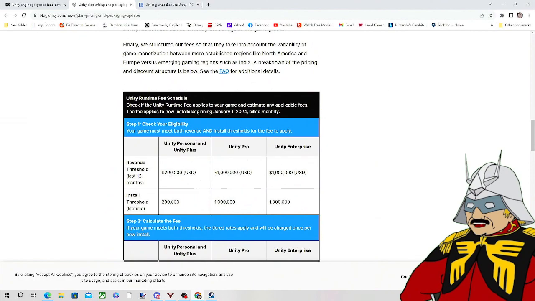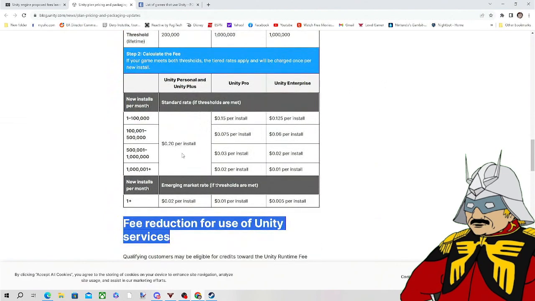You have to pay $2,000 based on the threshold of how many players download the game, which I think is kind of sad. This is a bad plan. This is a bad business plan, because I think a lot of game developers will get upset about this, and they will probably take their games off of Steam, or possibly try another engine, because I think this is going to cost a lot of money.